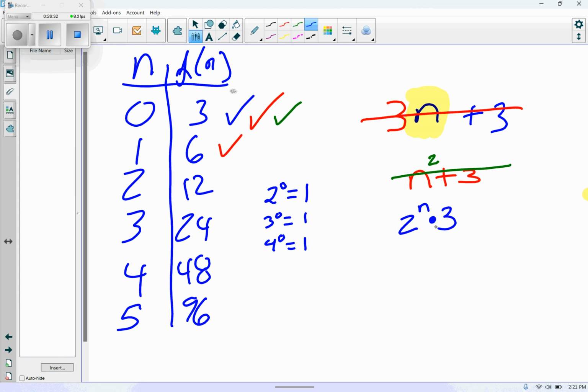Is 16 times 3, 48? Yes. Are you kidding me? There is no way it's going to work on the next one. Yes, way. 2 to the 5th power is 32. And 32 times 3 is 96.